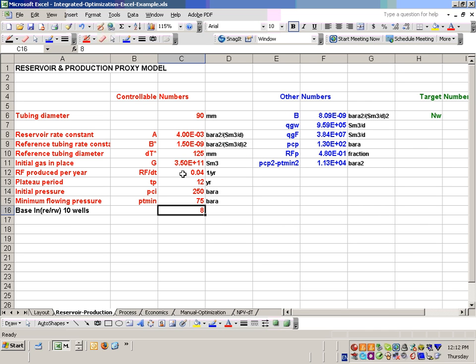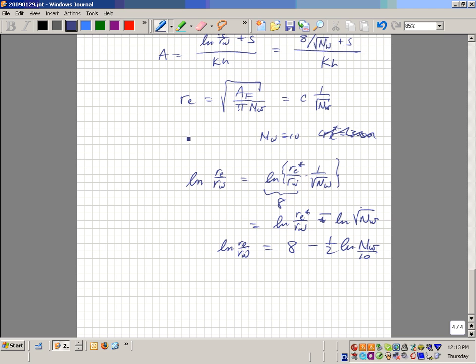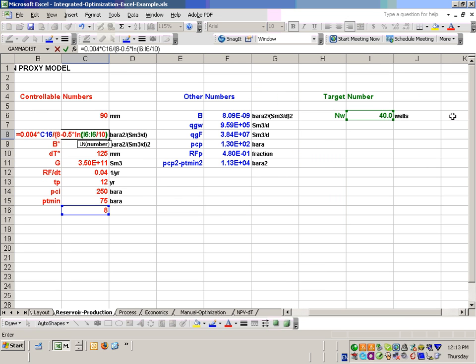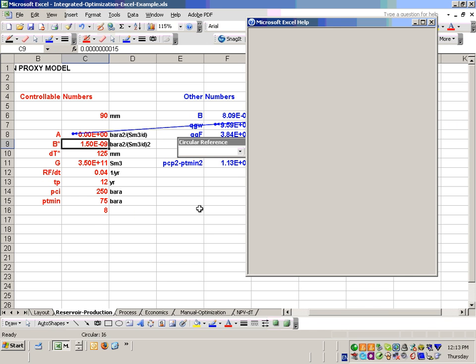And then this A term is that times 8 times this, divided by 8 minus 0.5 times natural log of number of wells divided by 10. So it's a circular reference.